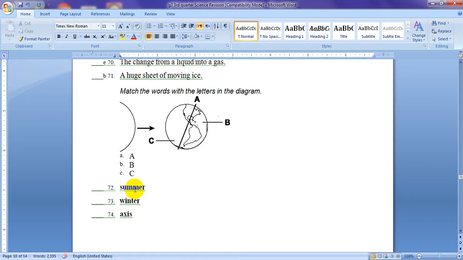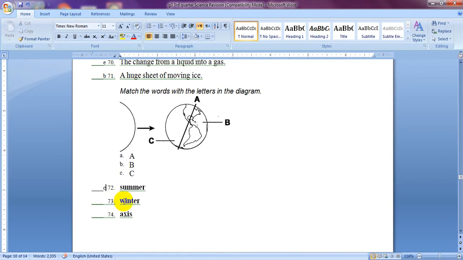As we said, Earth will have summer when its part faces and gets much direct sunlight. Which part here is getting a lot of sunlight? Of course, it is letter C. So summer will match letter C.